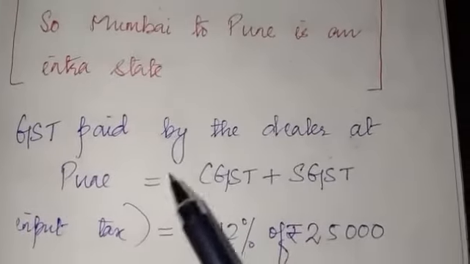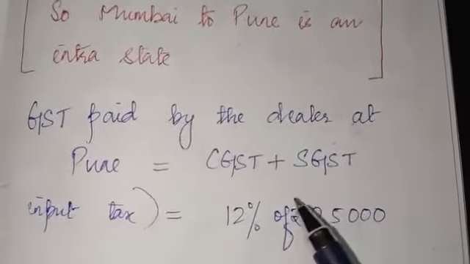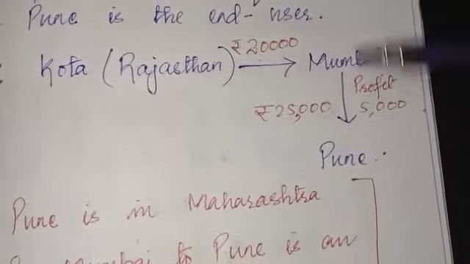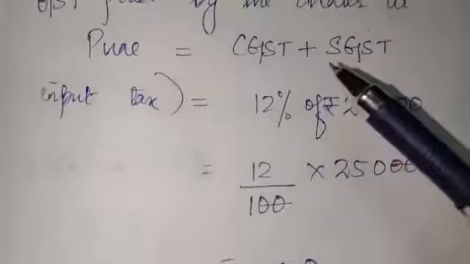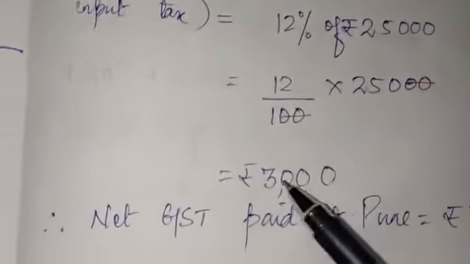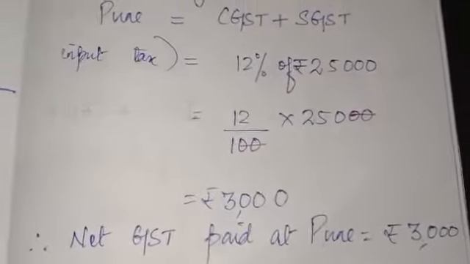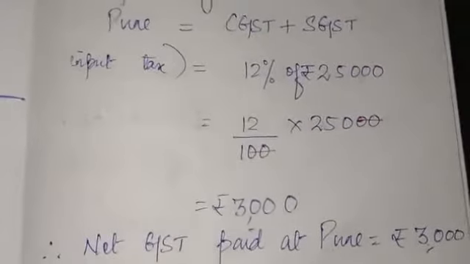So I am finding directly CGST plus SGST, 12% of rupees 25,000. 12 by 100 into 25,000 is 3,000. Since the transaction between Mumbai and Pune is intrastate, that's why CGST and SGST, which is 3,000. So the net GST paid at Pune is 3,000. Since we don't have output tax, we don't have to subtract.